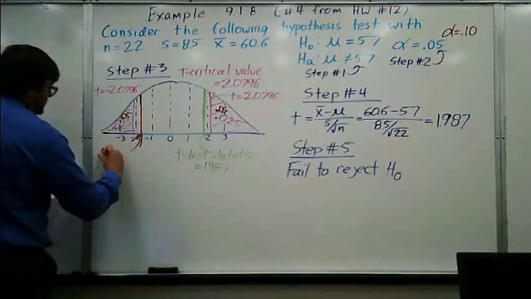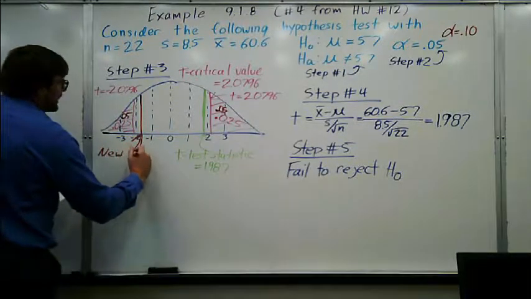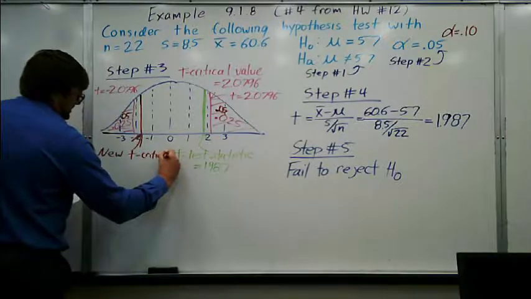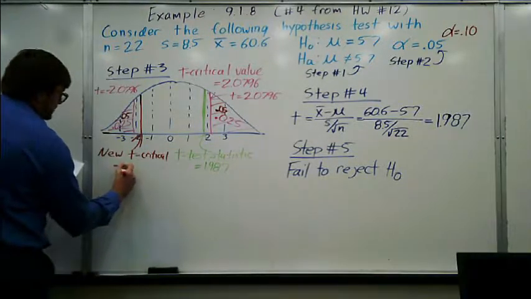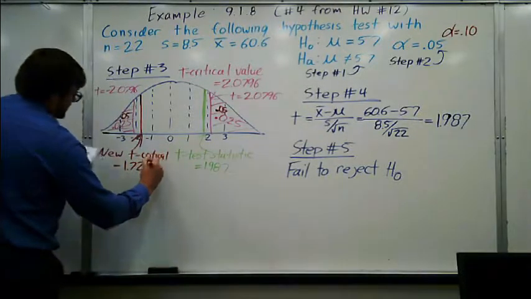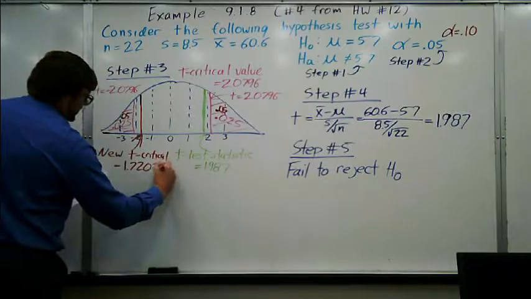So we'll put that down here. We'll call this our new t critical. And of course that one's going to be negative 1.7207 to be technically correct.